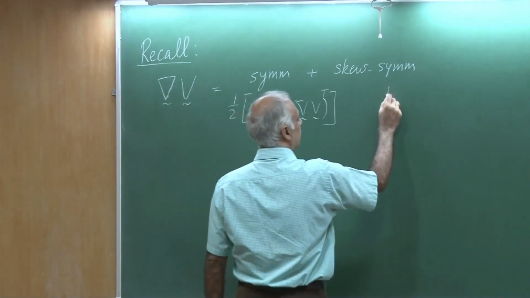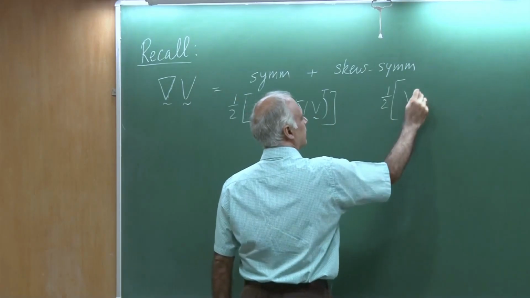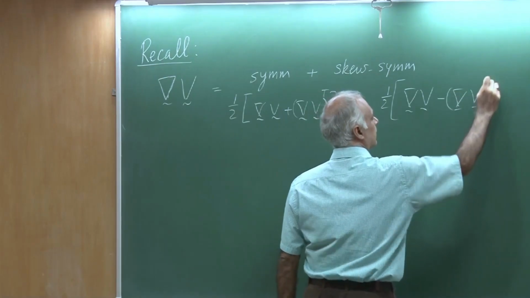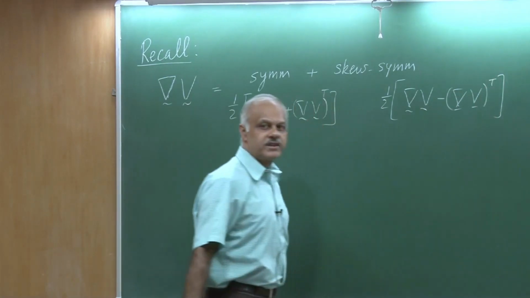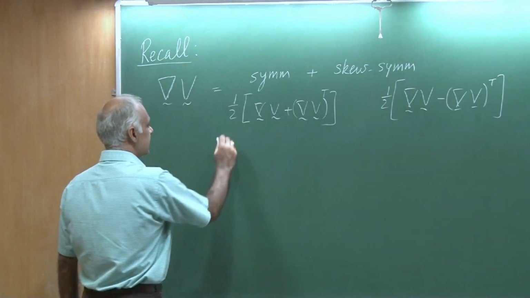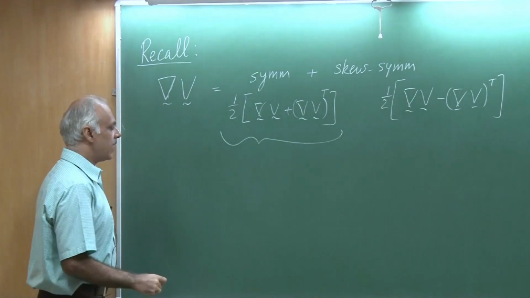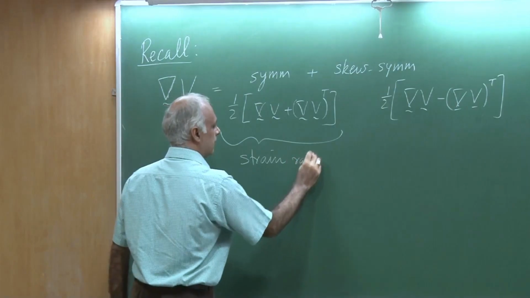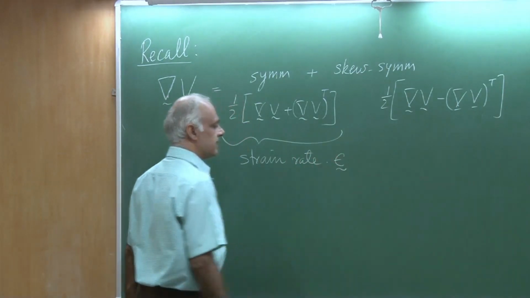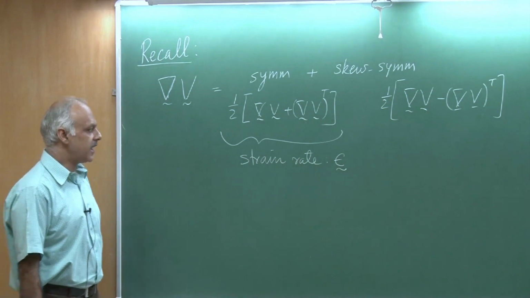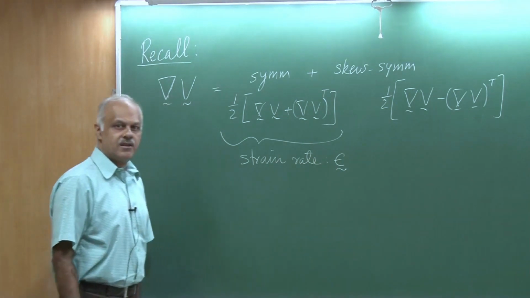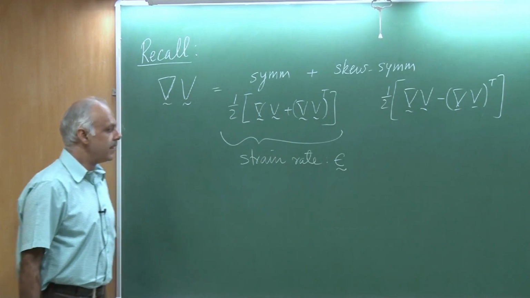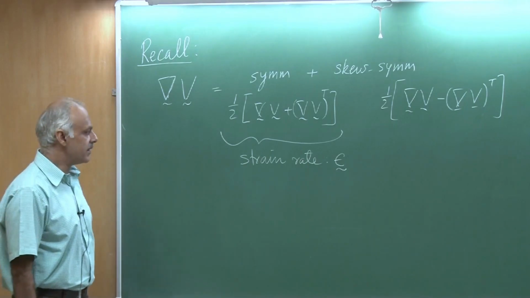And the skew symmetric part was half of gradient of V minus gradient of V transpose. This we refer to as the strain rate tensor, which has again 9 components, but because it is symmetric by definition, this is the symmetric part. Therefore, there are only 6 independent components.